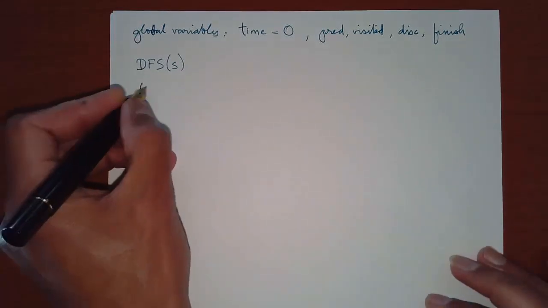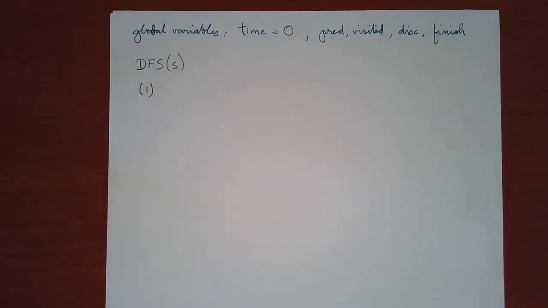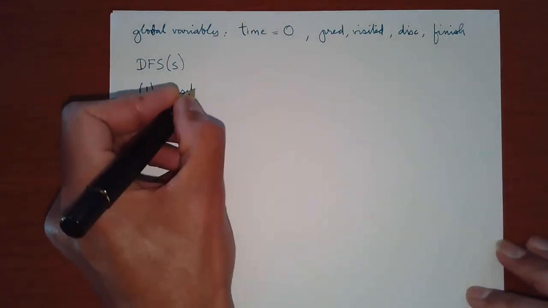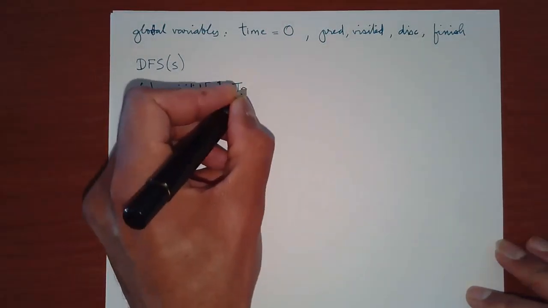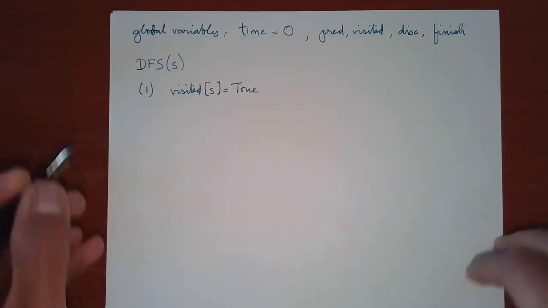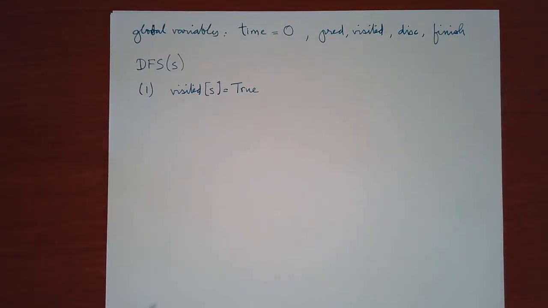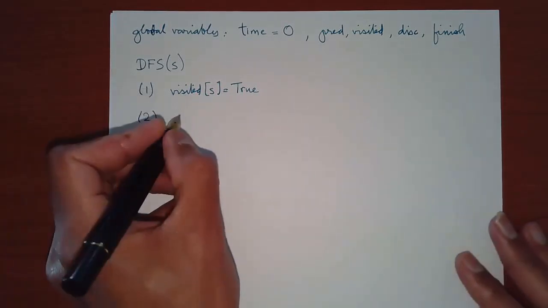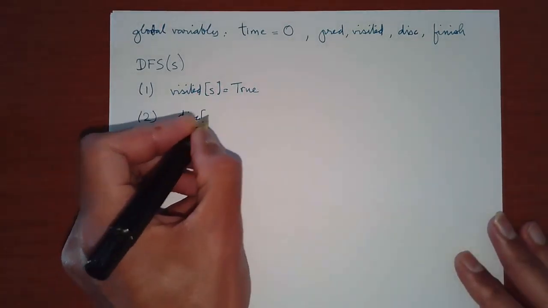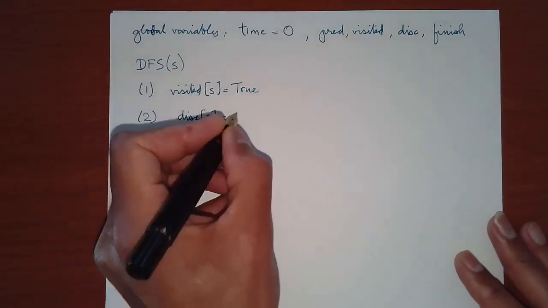So the first thing that you do is, I'm just going to set visited of S equal to true. Again, you don't necessarily have to do this. You'll see that it's also set as true somewhere else, but I'm just going to put this in for convenience. Then I'm going to say this is the time at which I discovered.